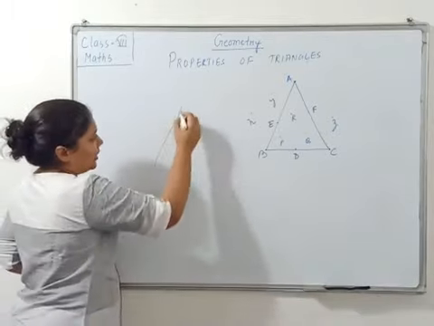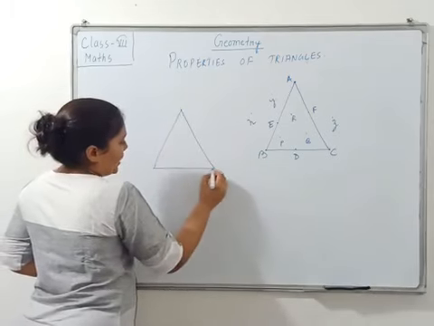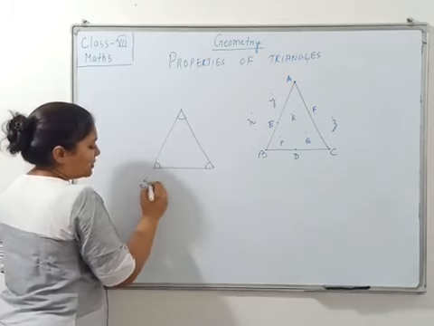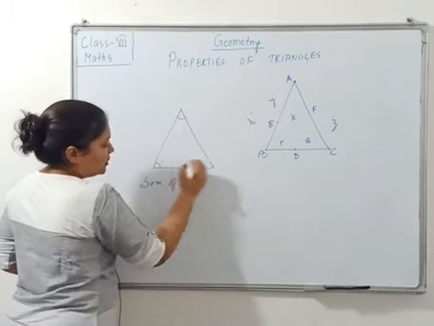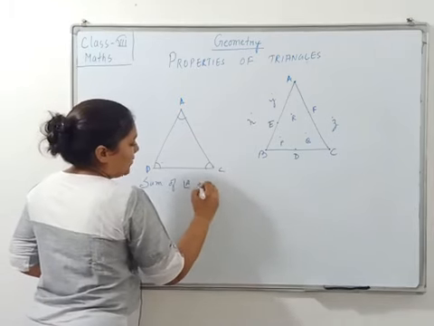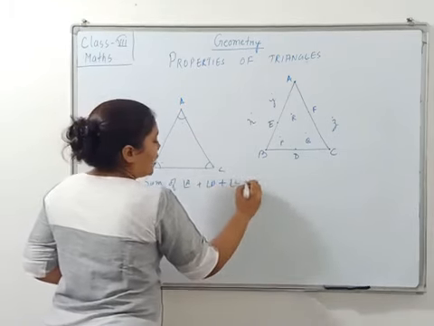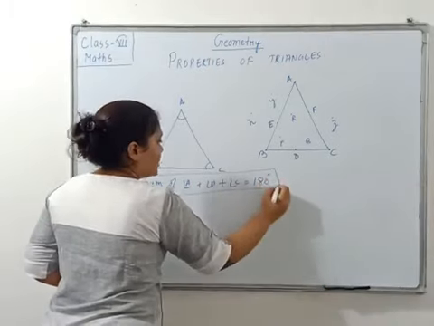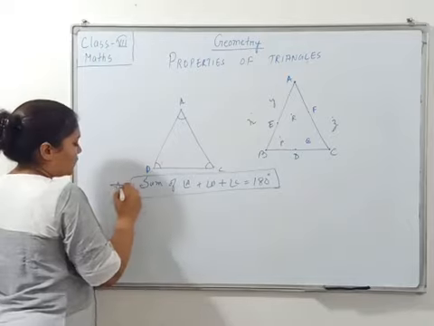So again one more thing. If I draw a triangle, okay. In one triangle, the sum of these three angles, suppose A, B and C. The sum of angle A plus angle B plus angle C will always be 180 degree. Okay. This thing is very important. You have to keep this in mind.